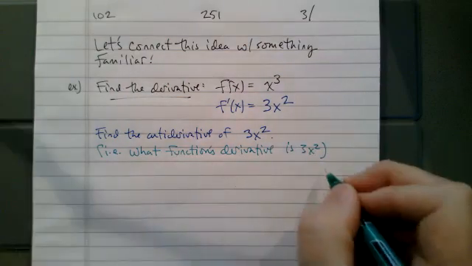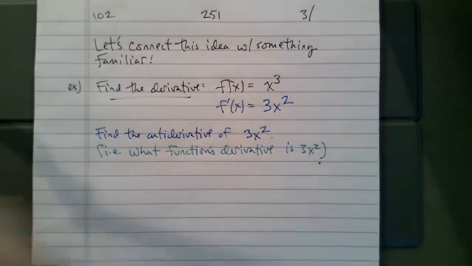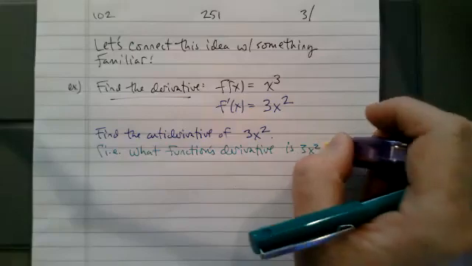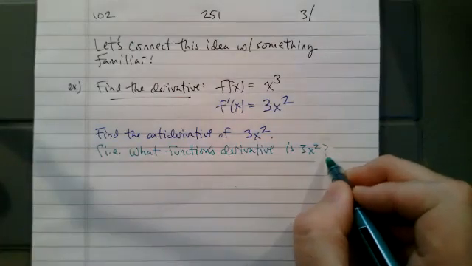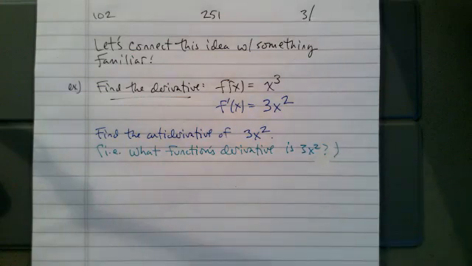Oops, that's a terrible question mark. I got to fix it. So when I say find the antiderivative of 3x squared, I'm saying what function's derivative is 3x squared? And we already know that it's x cubed.